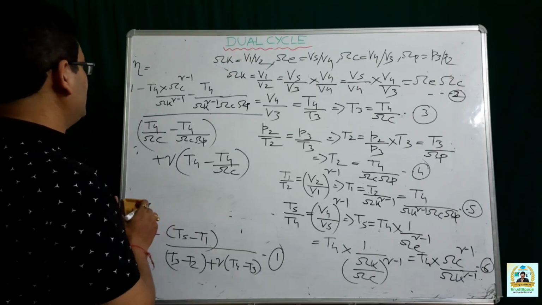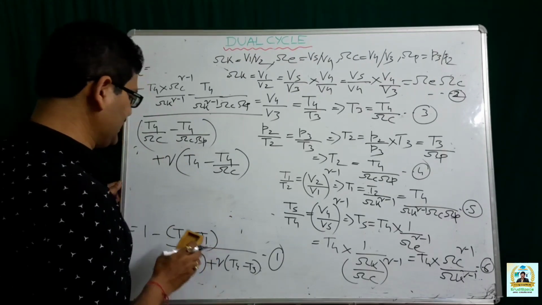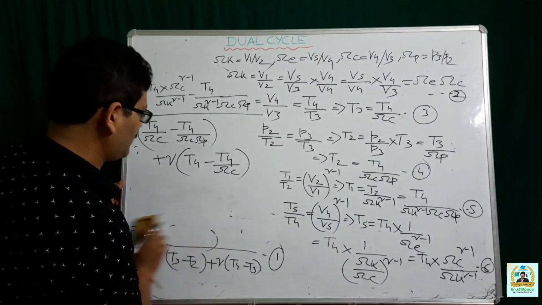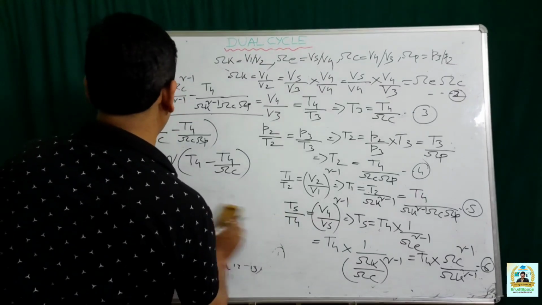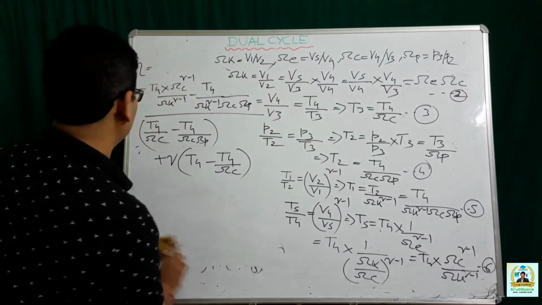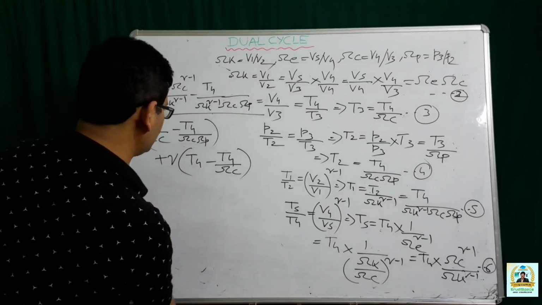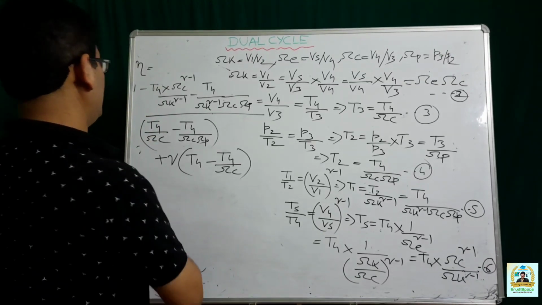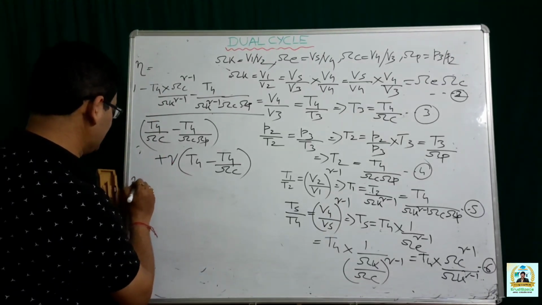Now, the T4 can be eliminated from all these expressions because T4 is present both in the numerator and denominator.